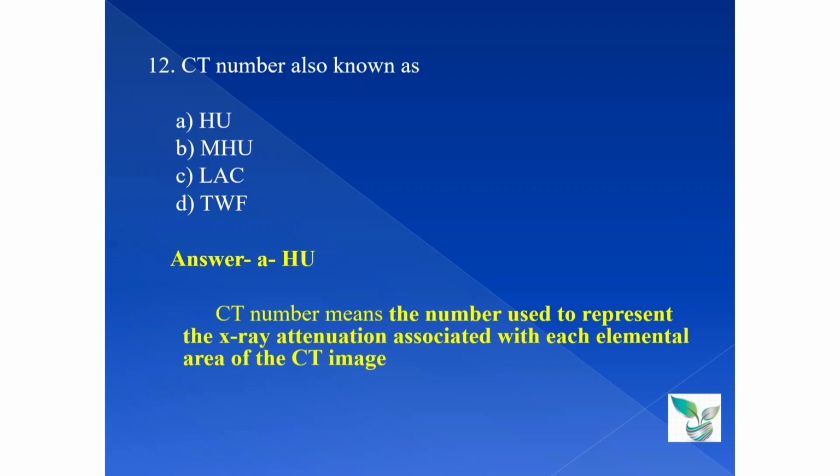CT number means the number used to represent the X-ray attenuation associated with each elemental area of the CT image. So what is happening when an X-ray photon falls on the patient's body? Attenuation is happening. What is meant by attenuation?